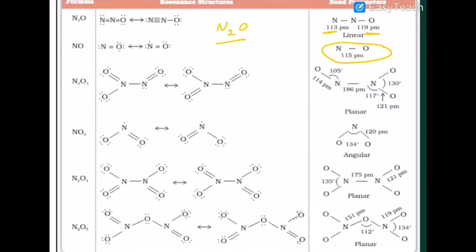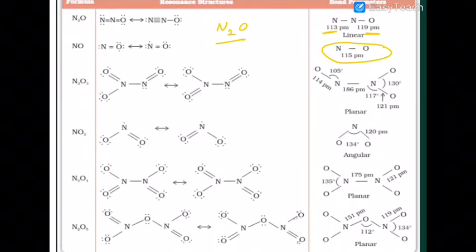In NO, you have double bond formation, while in N2O single bond formation also happens, and there is a lone pair bond pair repulsion, which is not there in NO. So the bond length is a little bit shorter.